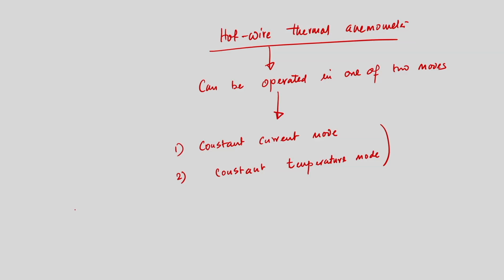At least we should know what is happening in constant current mode. In this mode, again, one very thin hot wire is there. These wires are heated electrically by passing current through them, and then the instrument is placed in a flow field.